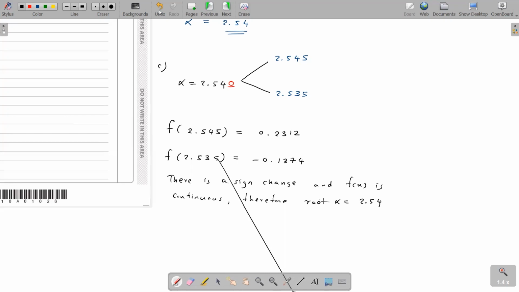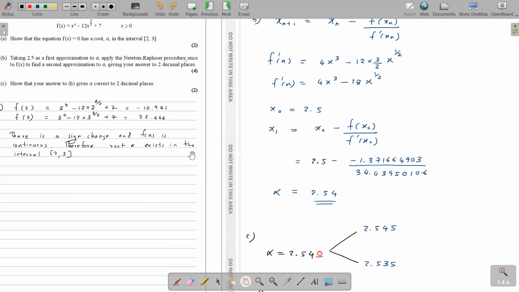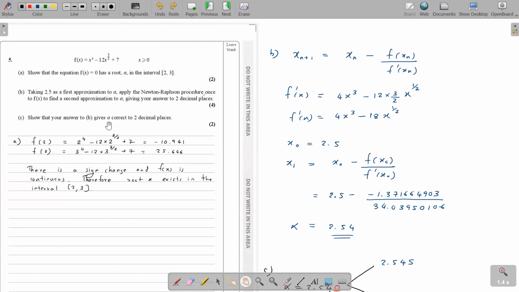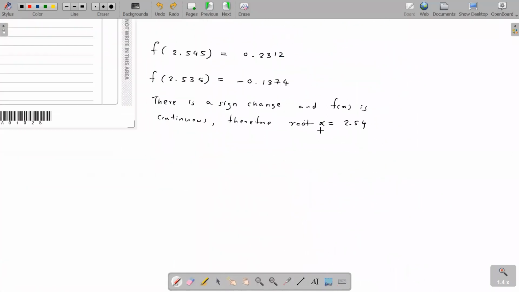Just use the same words that they use. Root alpha equals 2.54, or you can say alpha is correct to 2 dp. Okay, is this clear?